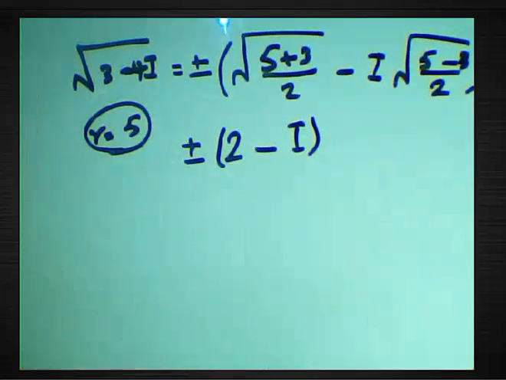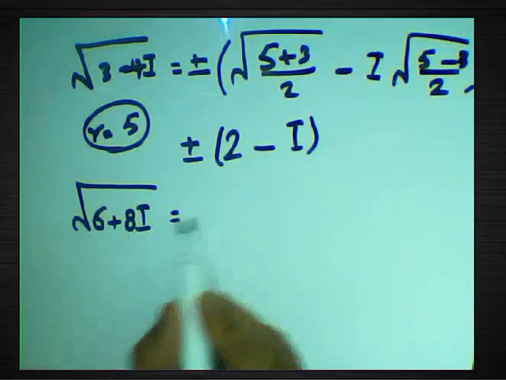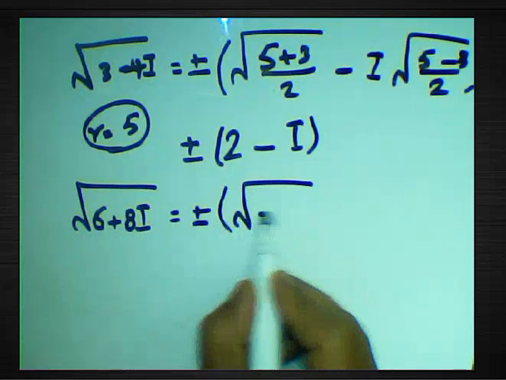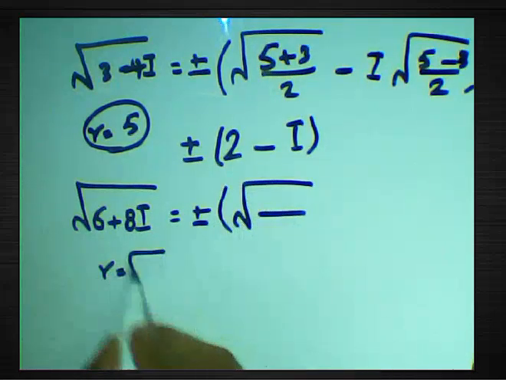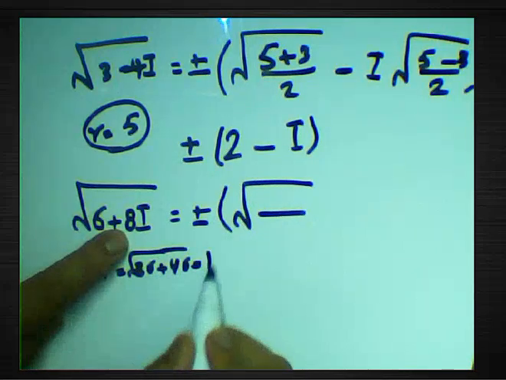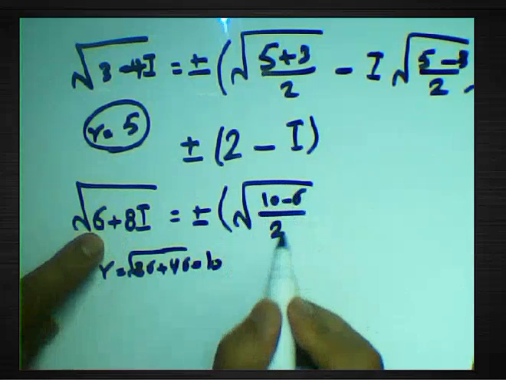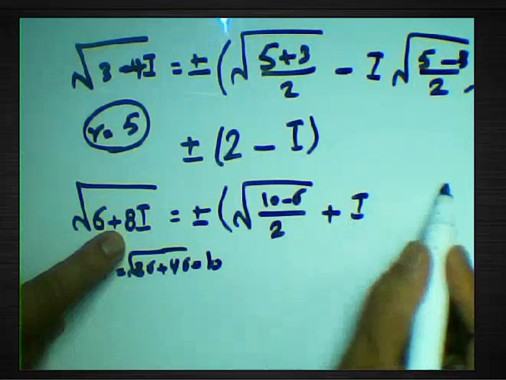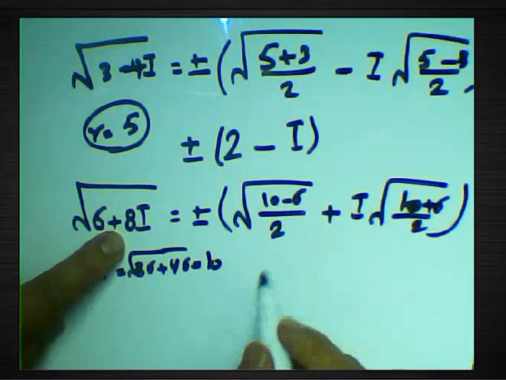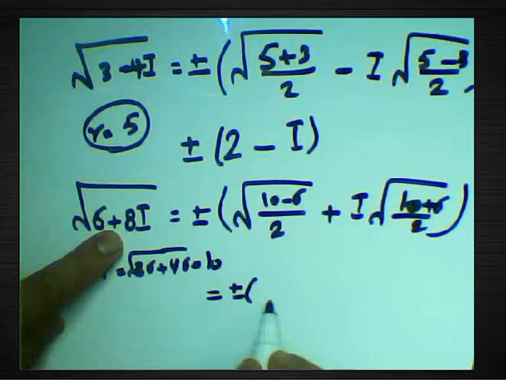And what about the square root of 6 plus 8i? Can you find the result? We must write positive or negative here, and then write the square root of r, square root of 6 power 2, 36, plus 8 power 2 equals 64. The result will be equal 10. Then write 10 plus 6 divided by 2, and write the sign here, and write i, and 10 minus 6 divided by 2. 10 minus 6, 4 divided by 2 equal 2. The result will be positive or negative here.